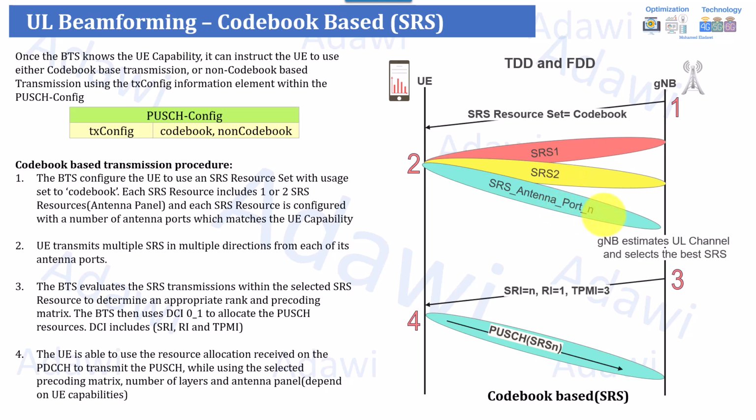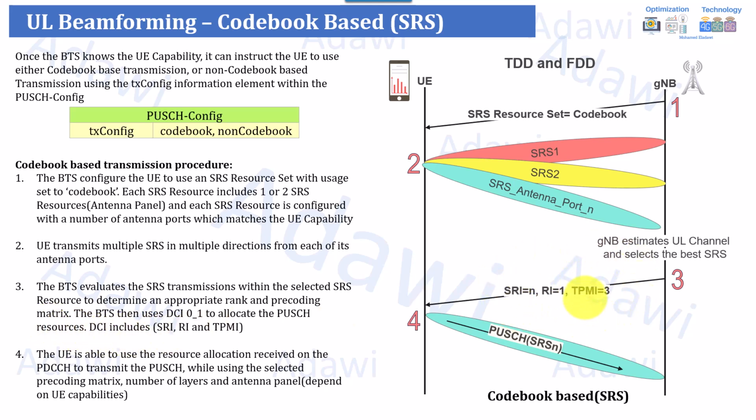Once the gNB receives this, it starts estimating the uplink channel propagation and selects the best SRS resource out of these 4 different resources transmitted in the uplink. Once it has selected the best one, it needs to communicate back to the UE through the downlink control information DCI 0_1, to allocate the PUSCH resources, including multiple pieces of information.